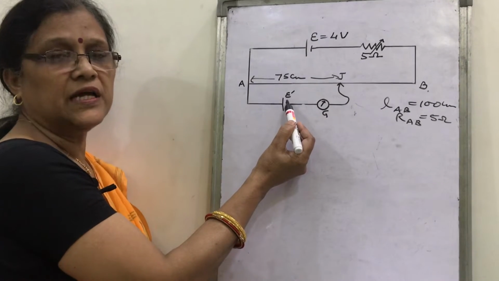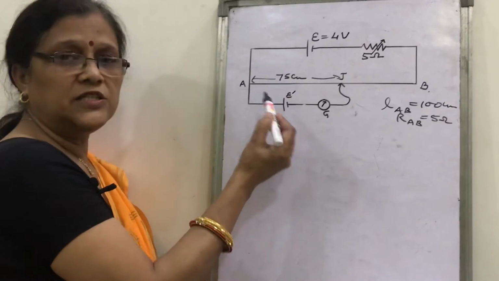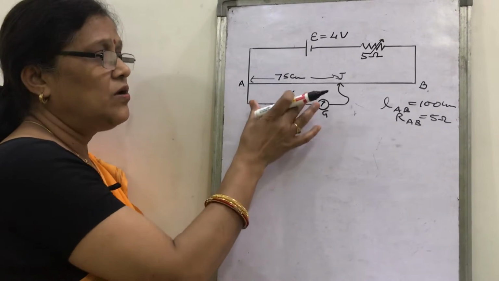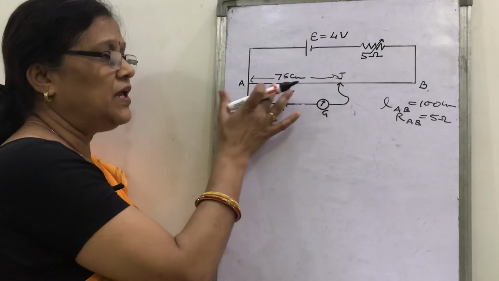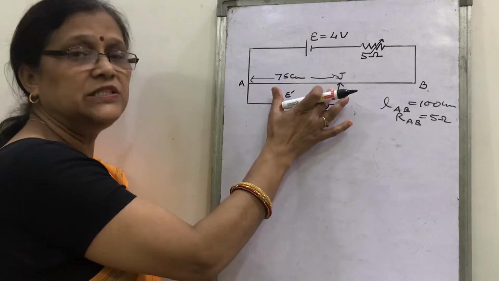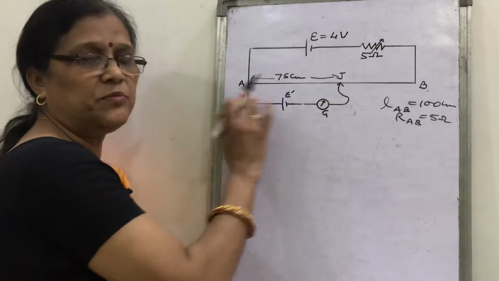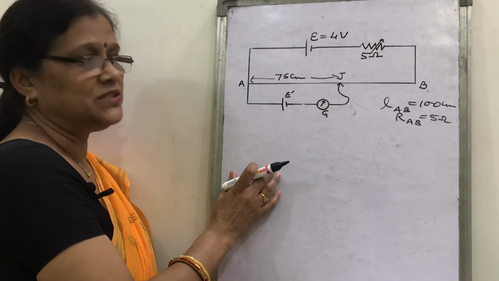Find E dash. As you have read in the principle of potentiometer, the fall of potential across the length of potentiometer wire, or throughout the wire, the potential gradient remains constant.